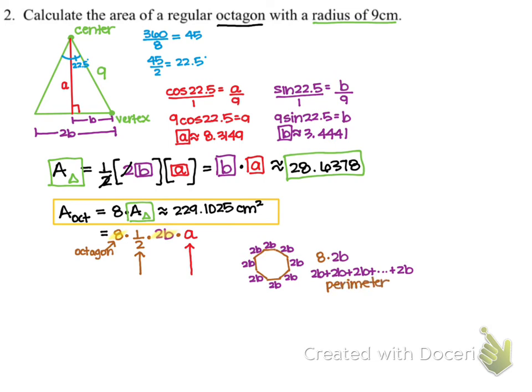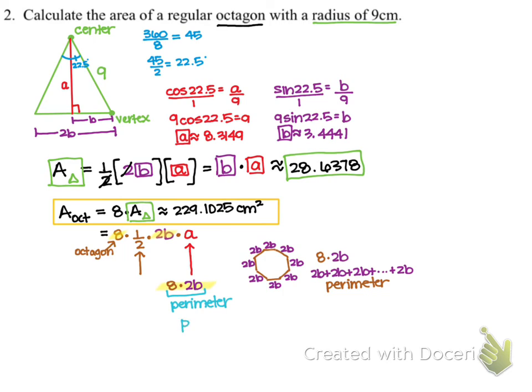So I think if we pull the 8 and the 2b together, 8 times 2b, this represents our perimeter. Which I'm going to call P.